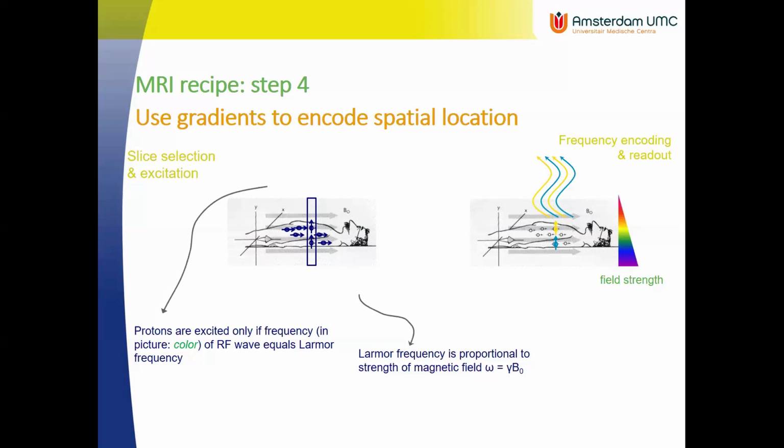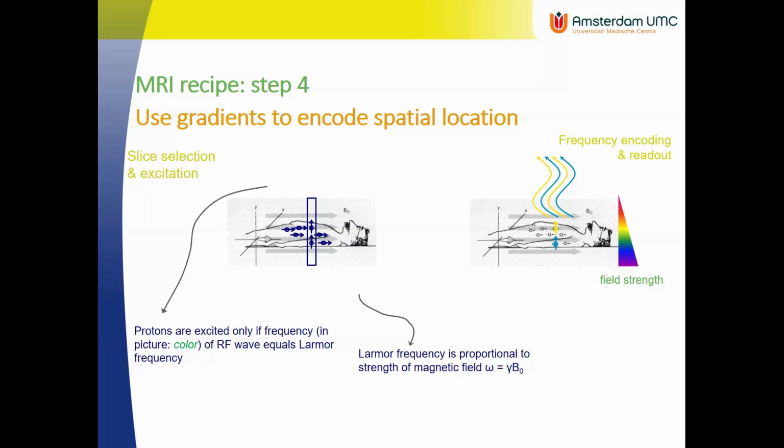While we pick up the signal, while we listen with the antenna, we switch on that gradient, and when we're done sampling the signal, we switch the gradient off again. The switching of the gradient is super fast. It goes in microseconds.